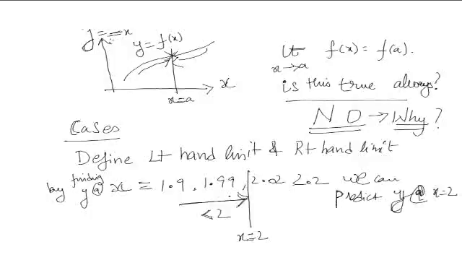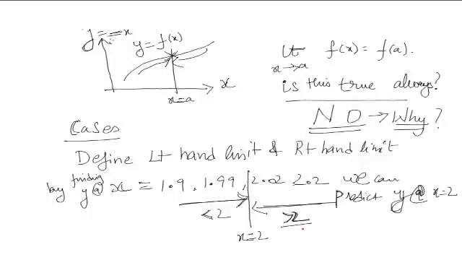Here we are always taking values greater than 2, reducing the values and converging towards 2. That is, we are coming from 2.3, 2.2, 2.1, 2.01, 2.001 like that. We are approaching 2. So here it is always greater than 2.